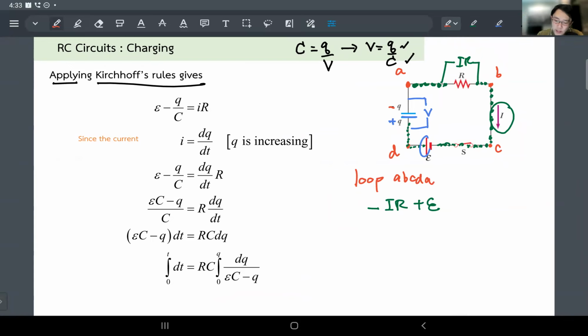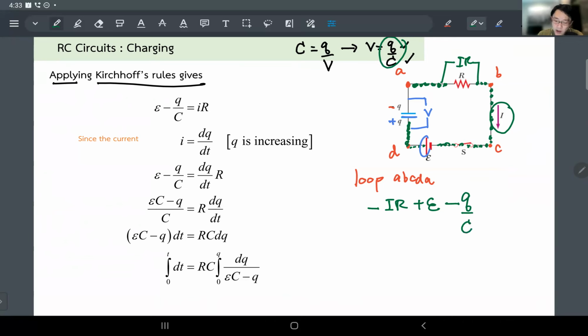Now you're walking from the lower plate to the upper plate, going from higher to lower potential. So it means you're going downhill in potential, so you're going to have a negative change. And how much? It's going to be Q over C.